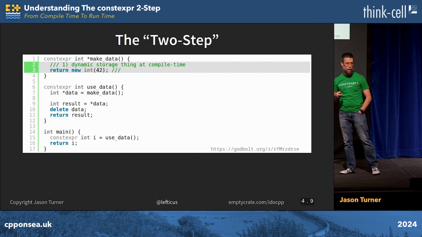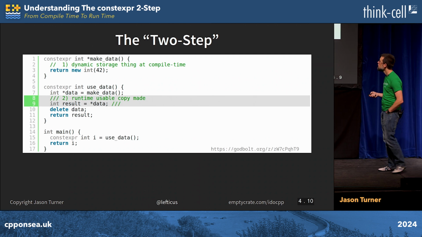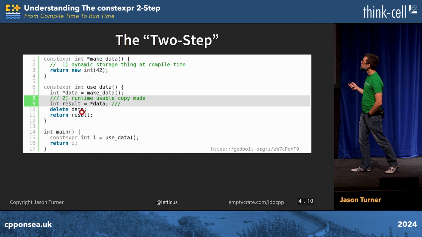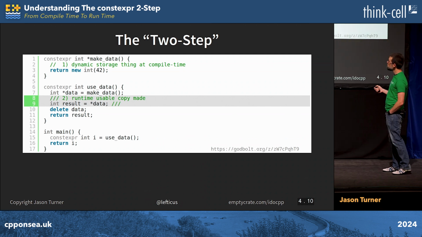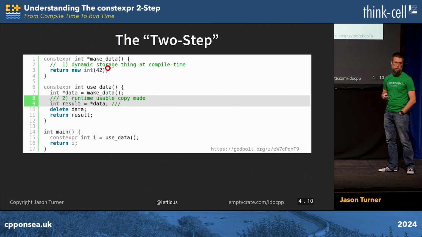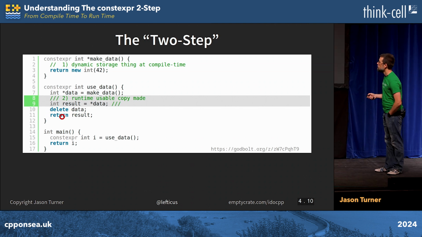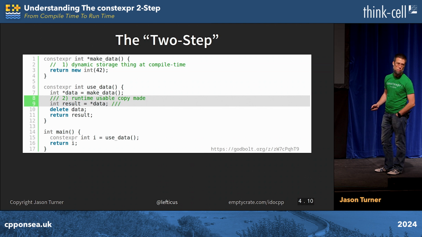Some dynamic thing. I am calling new here. That's step one, do dynamic thing. Step two is to then make a copy of that dynamic thing for runtime use. And then I don't have this listed as step three, but you do need to still clean up after yourself, okay?